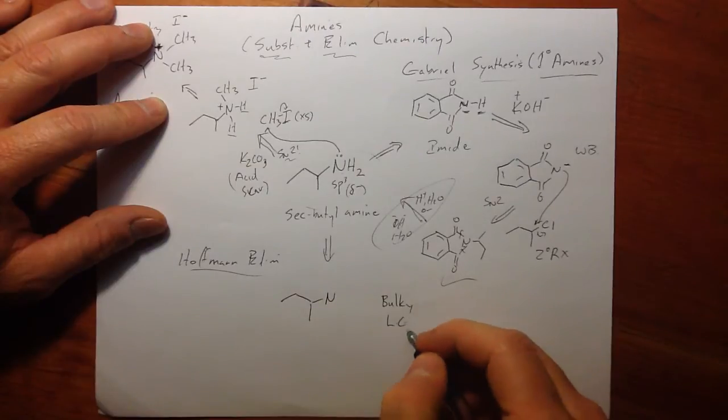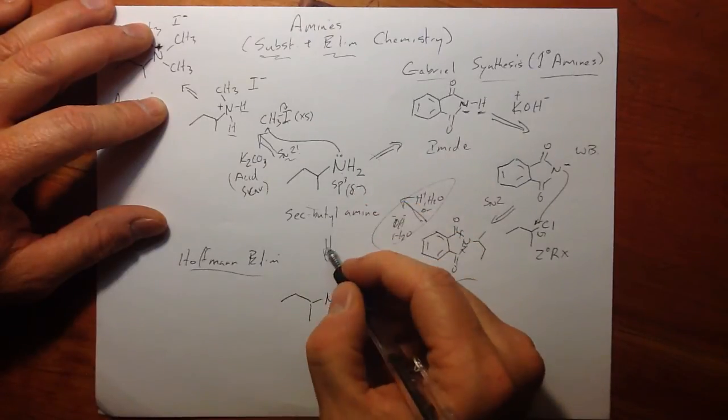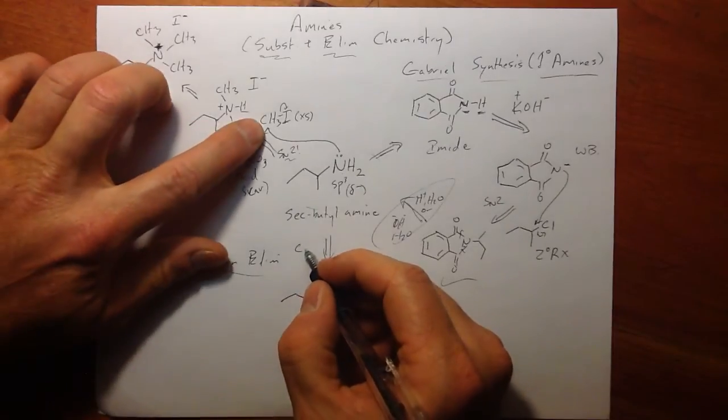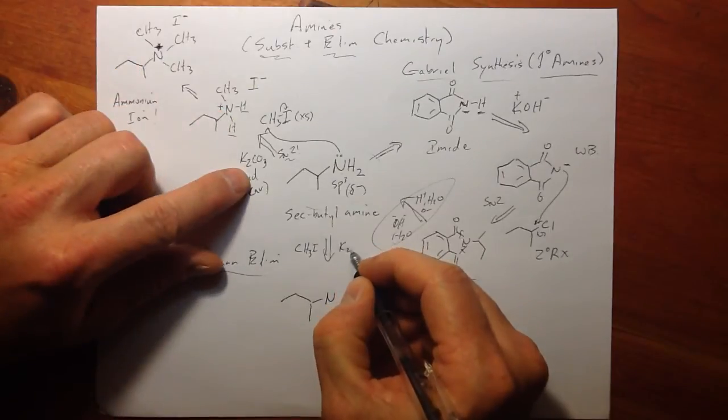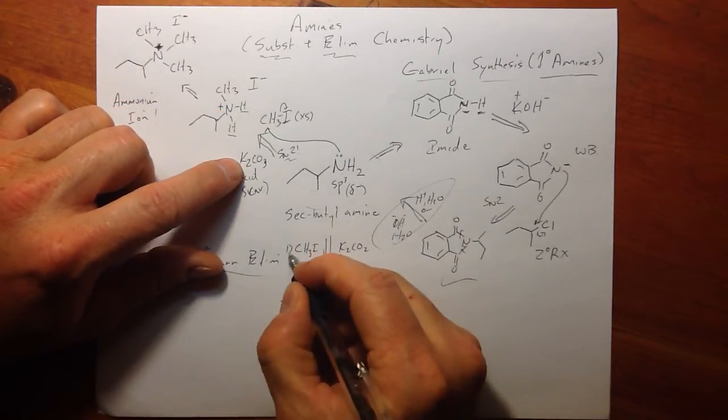leaving group. This nitrogen is not going to be a great leaving group, but what we're going to do is have the excess, just using methyl iodide, and we'll use that acid scavenger.